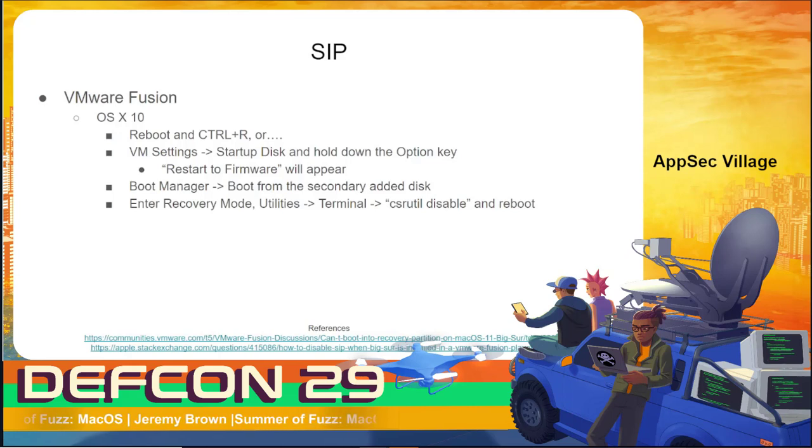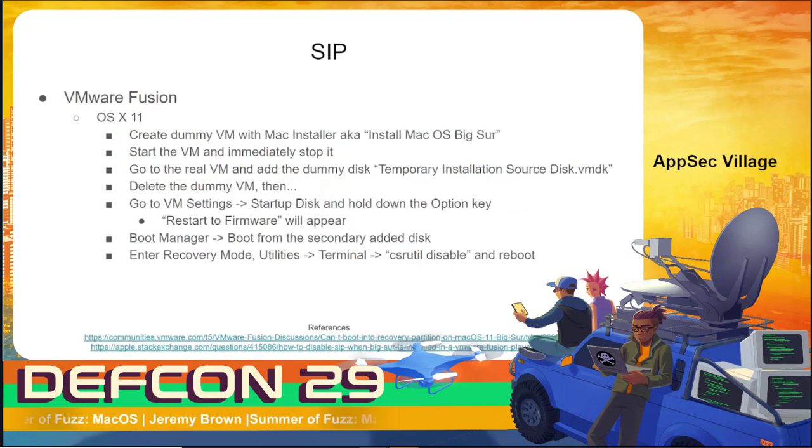There's a few blog articles that go over it, but essentially you have to do some special steps to get around startup disk and restart the firmware and get this stuff to work on the latest OS X and OS 11. So yeah, on Big Sur it's a little bit different. But essentially, you want to enable this to be able to debug on OS X.